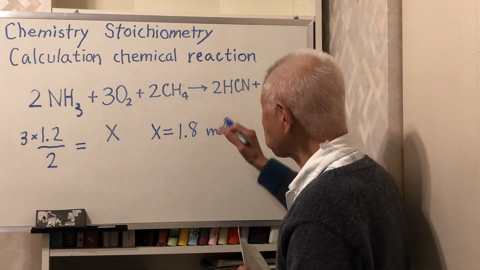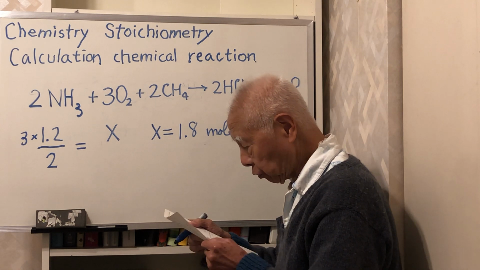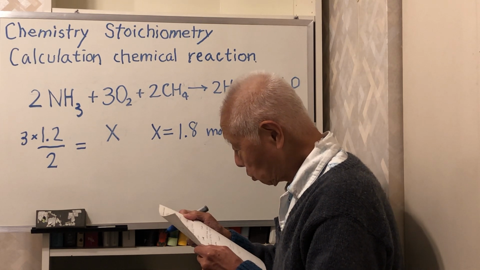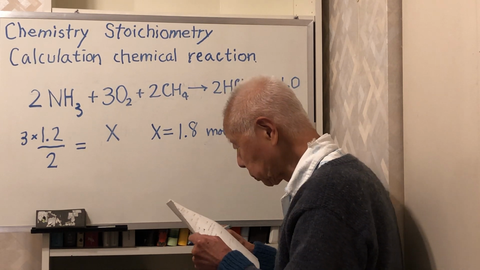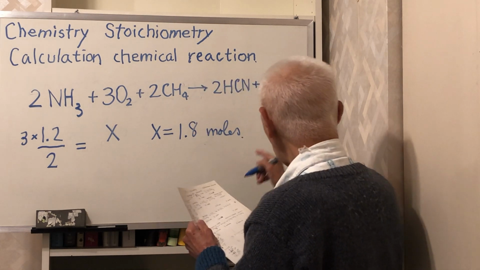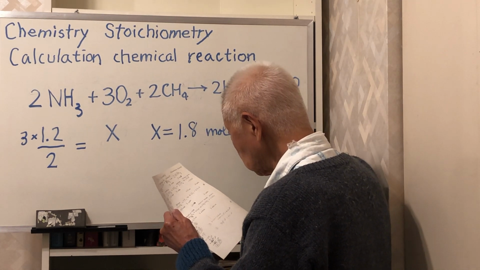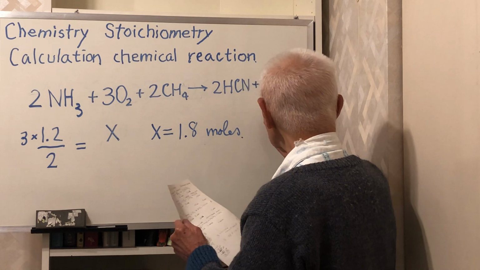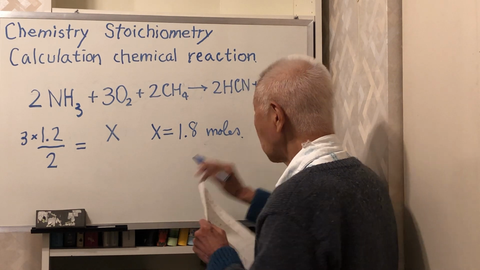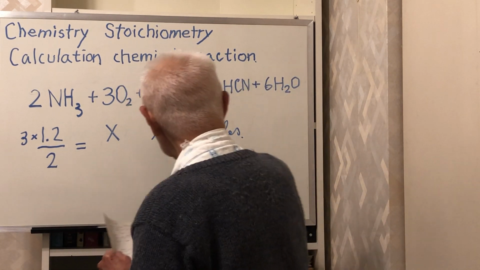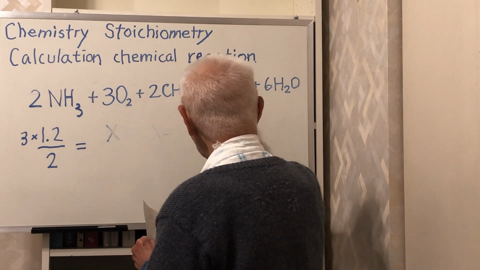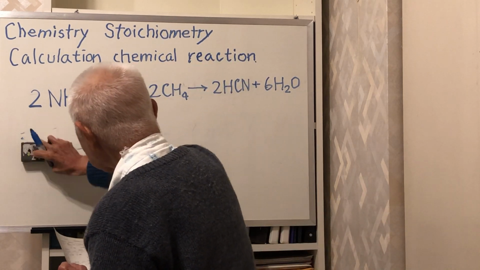For this same question, we have another part. This is to find how many waters will be generated. Okay, let's erase this. This is part B of this question.